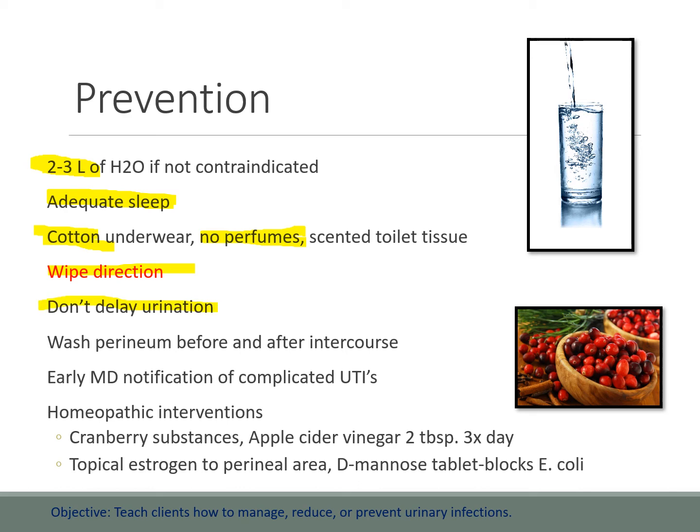This one's a very important one because sex can lead to UTIs. The perineum should be washed before and after intercourse. In fact, we usually will coach our young females who come in who have frequent UTIs to pee immediately following intercourse so they can flush any bacteria that may have been transmitted from one place to another.